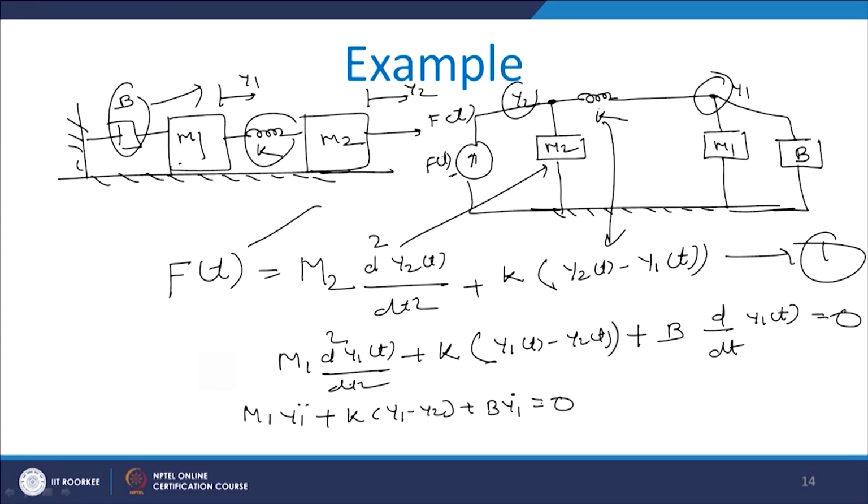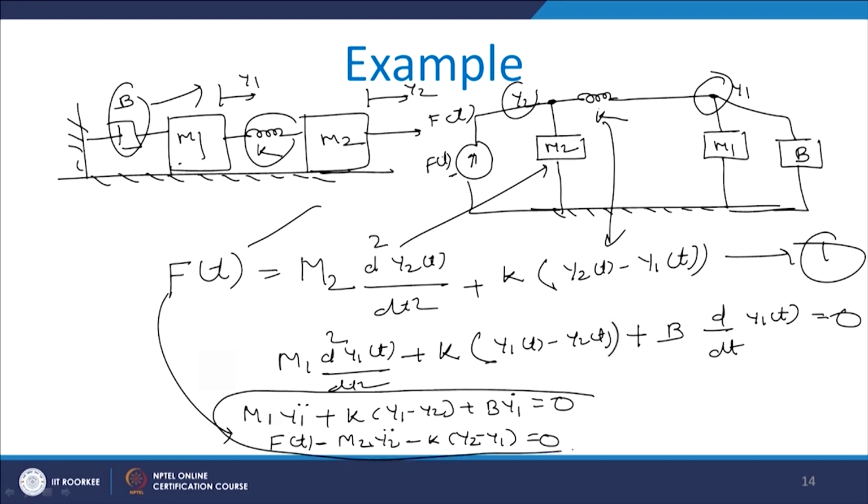And for the other equation, f of t equals m2 y2 double dot plus k times y2 minus y1. So these two equations we obtain, and you find that earlier also we got these equations.